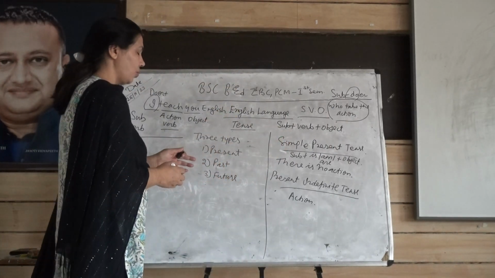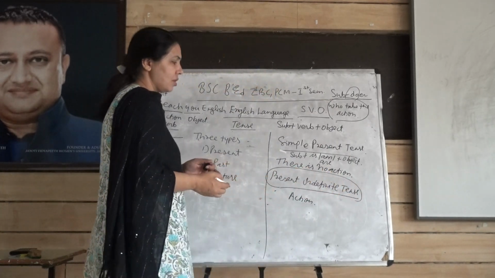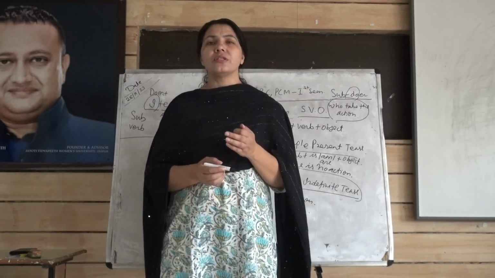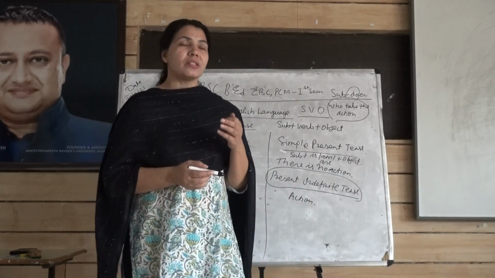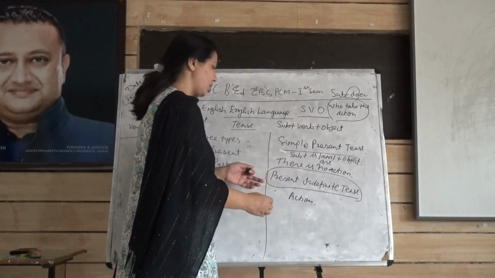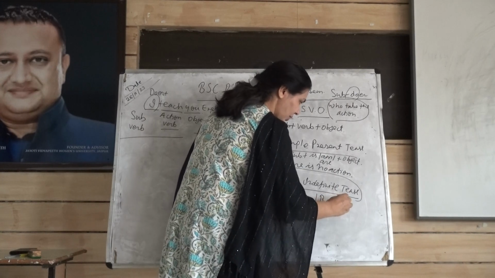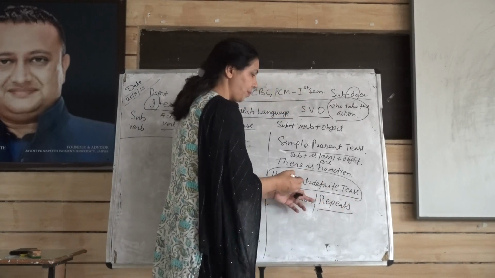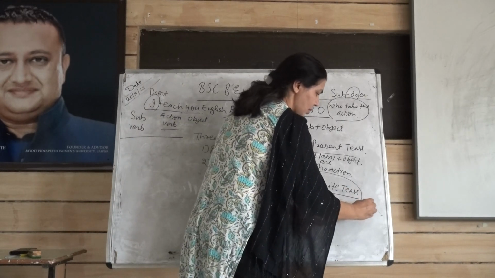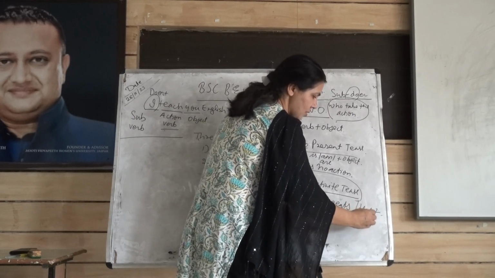But when we talk about present indefinite tense, it is a tense which is in the present time, but it is definite. Definite means when anything repeats every time. So what does repeat? Habit always repeats. Hobby always repeats.